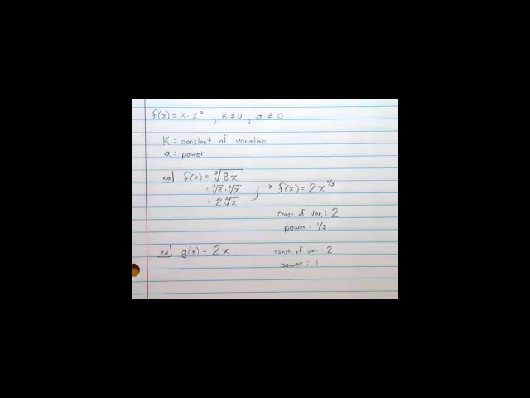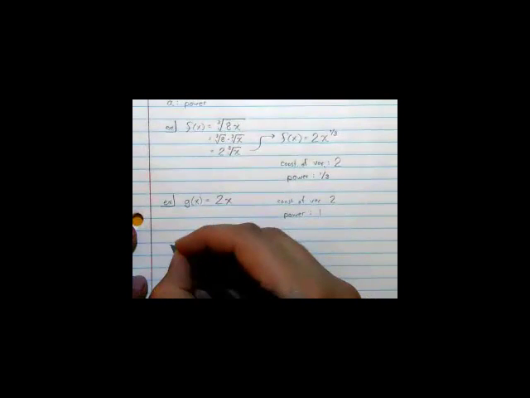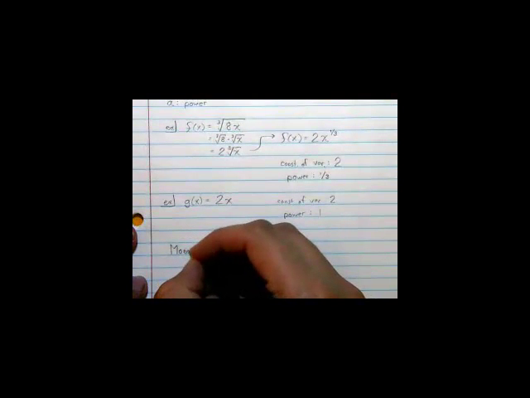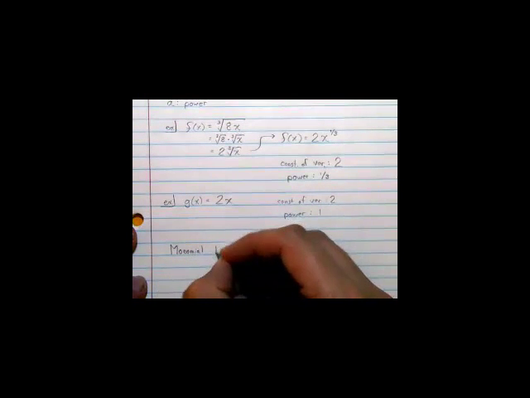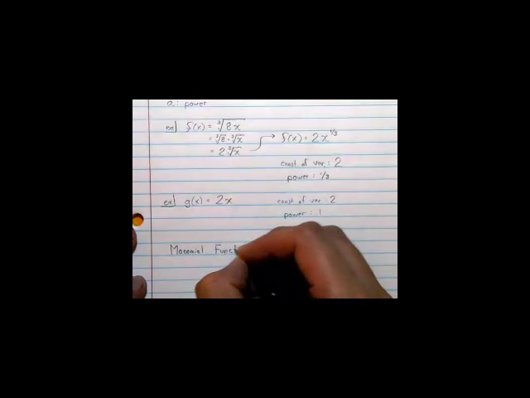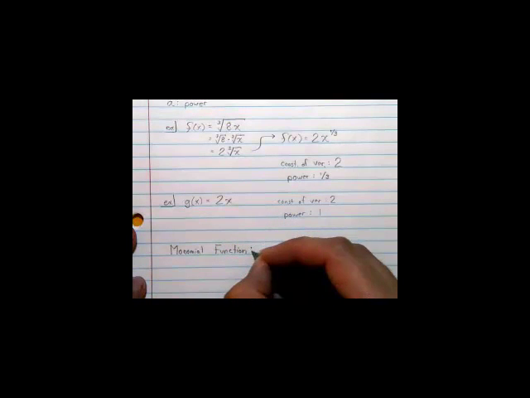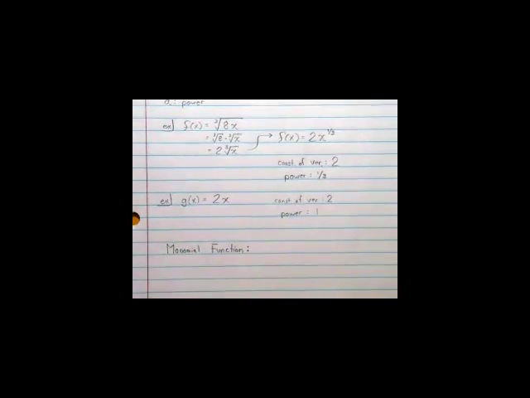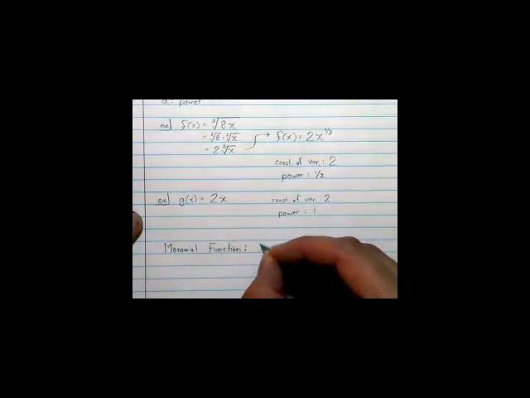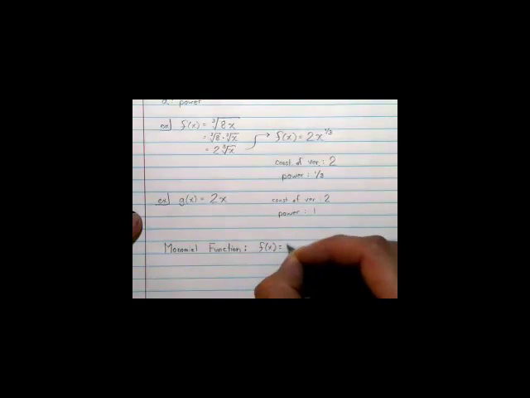Also, while we're talking about identifying constants of variations and powers, identify if it's actually a monomial function or not, too. Okay? So a monomial function looks the same, but there are, like we talked about, some more restrictions on the k and the a. So it is also f of x equals k times x to the a.